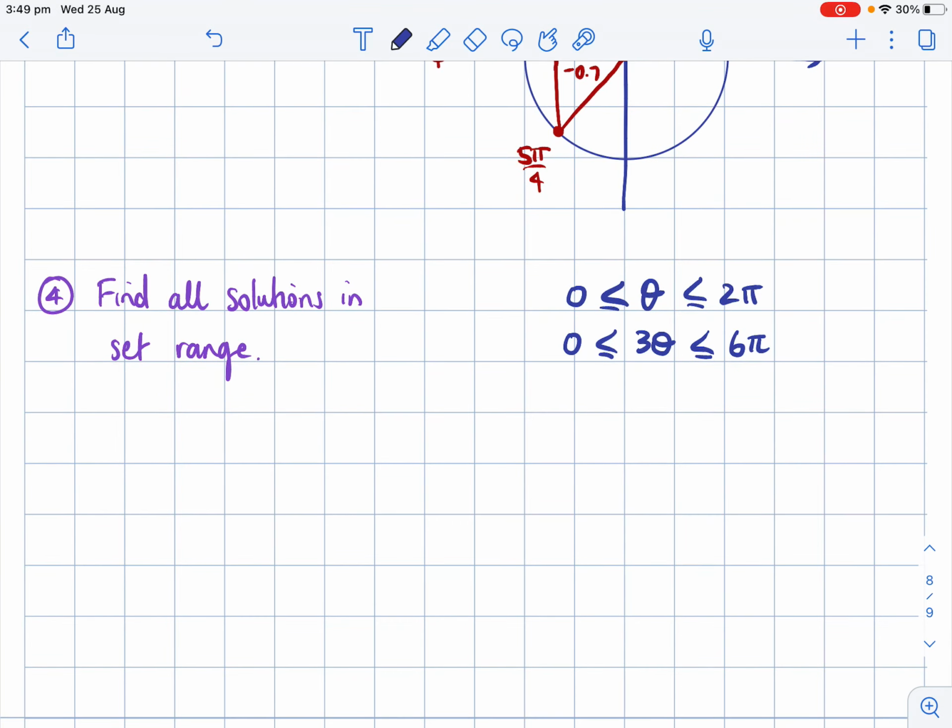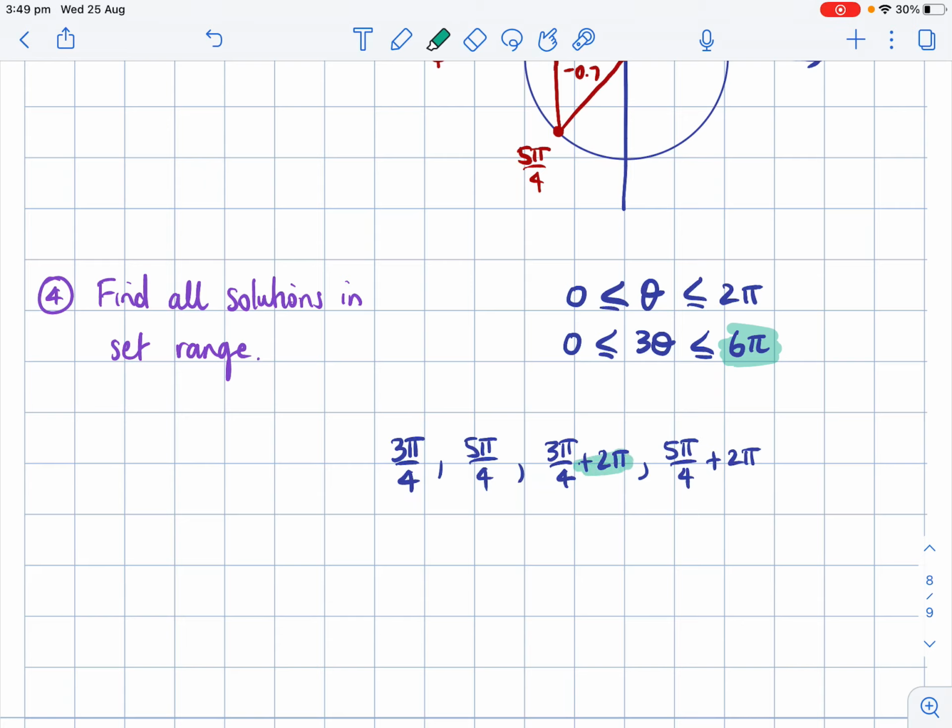Okay, so here are my solutions. I found my first two, 3 pi on 4 and 5 pi on 4. To find my next one, I'm going to take the 3 pi on 4 and add 2 pi. I'm then going to take my 5 pi on 4 and add 2 pi. Now we know we're going to 6 pi here, so we need 3 laps of the unit circle.